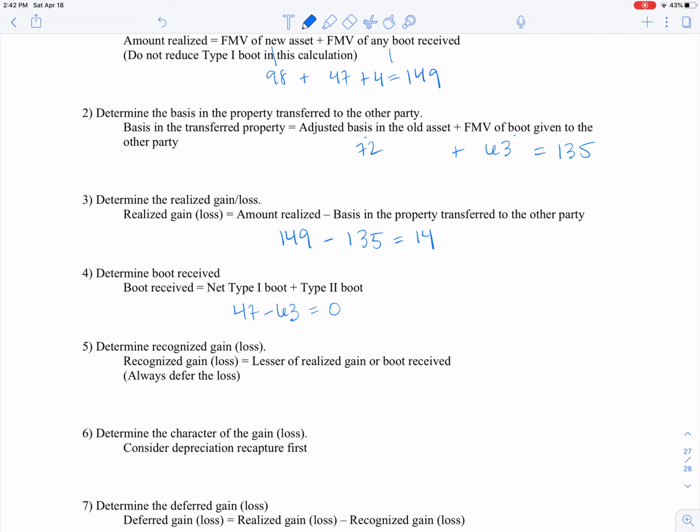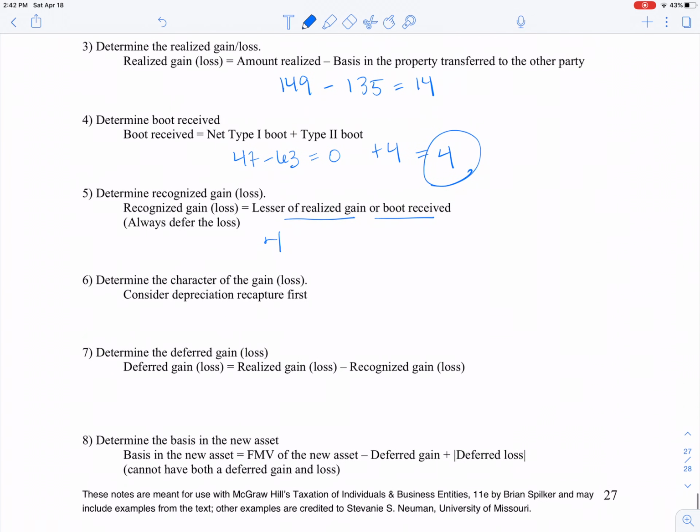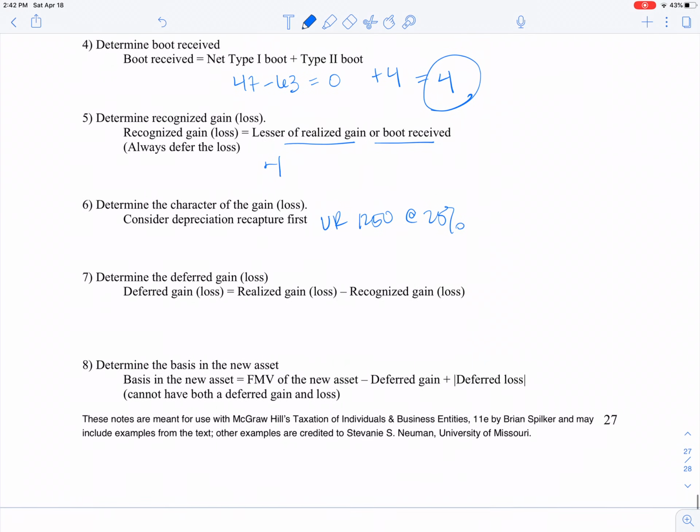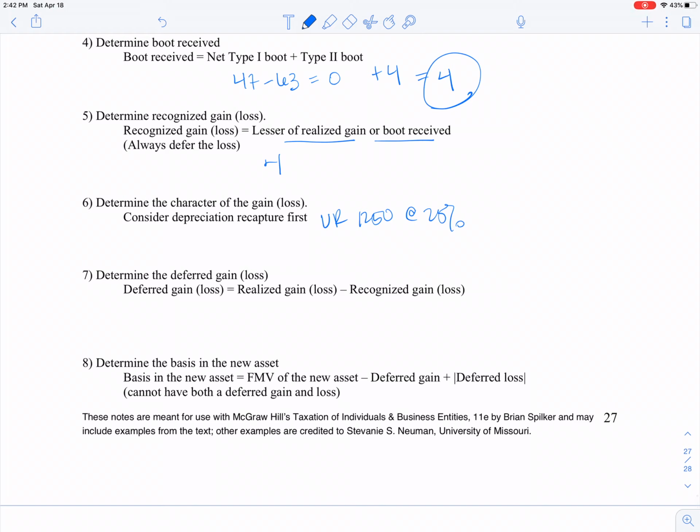This can't go negative. And then we have the 4 of the type 2 boot. So our answer is 4. So our recognized gain is the lesser of the realized gain or boot received. So we'll use the 4. The character is the unrecaptured 1250 at 25%. And then we have the deferred gain or loss, which is the realized gain of 14 minus the 4 that's recognized, or 10.